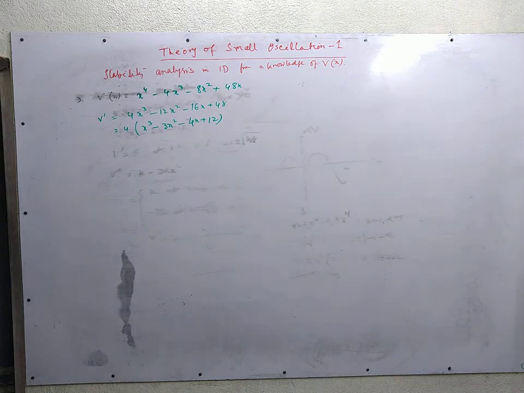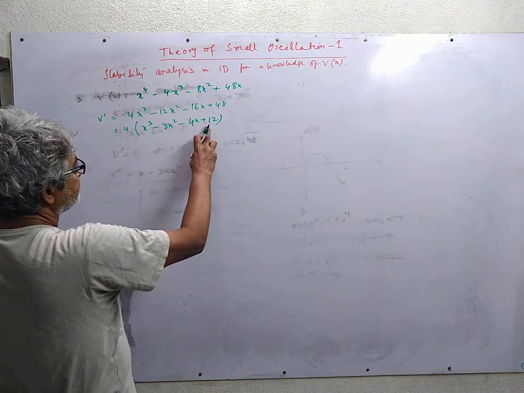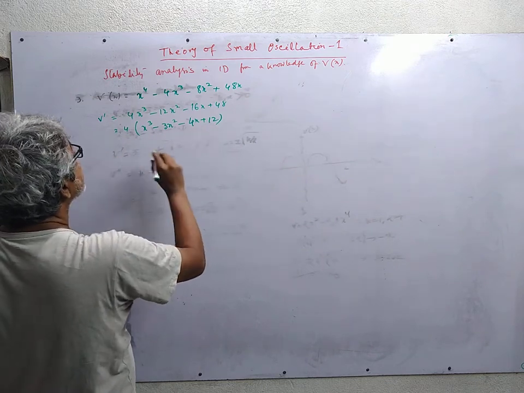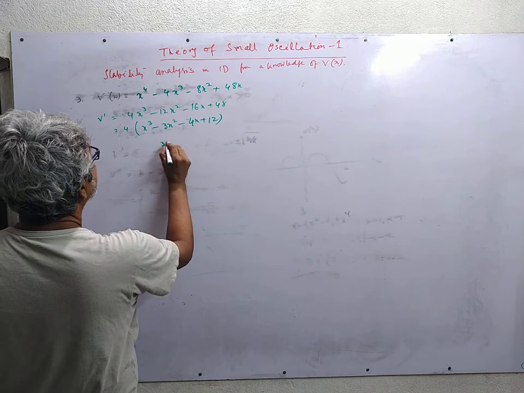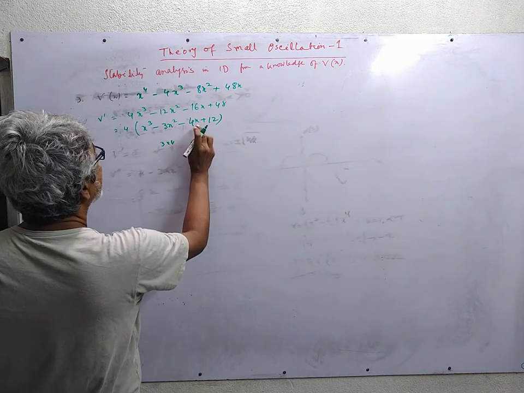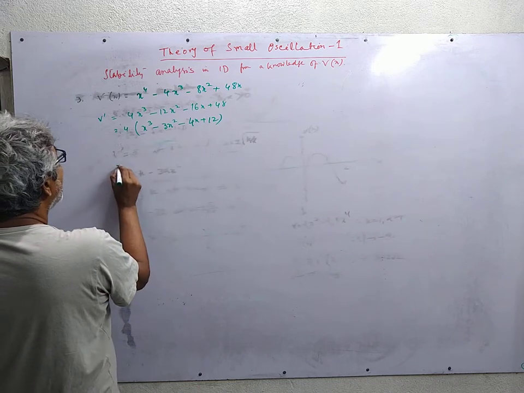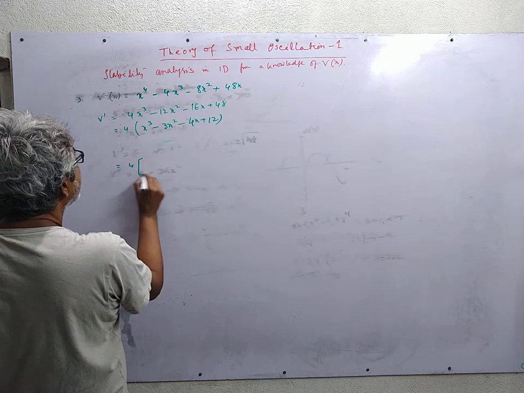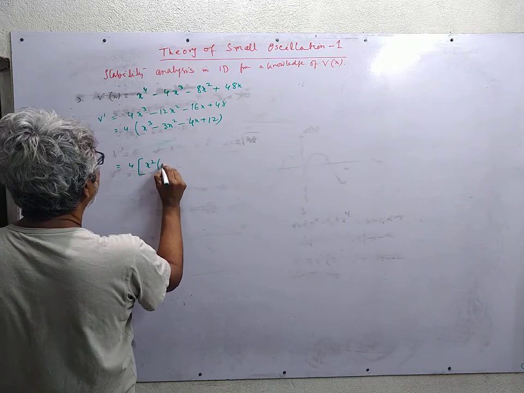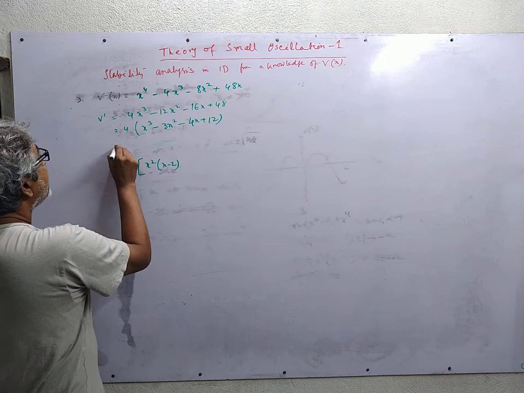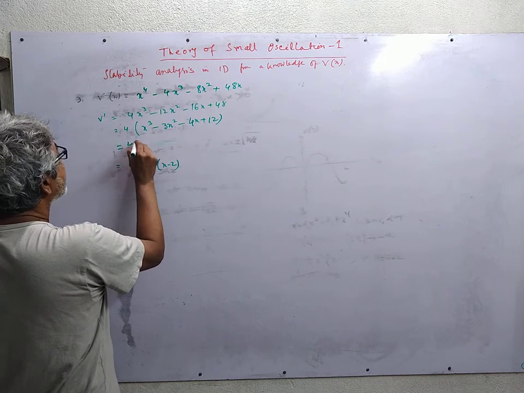Now we see if we put x is equal to 2, this is 8, this is 12, so the plus part is 20, and this is 3 into 4, 12, and 4 into 2, 8. So x is equal to 2 is a root. So x minus 2 will be a factor of it.